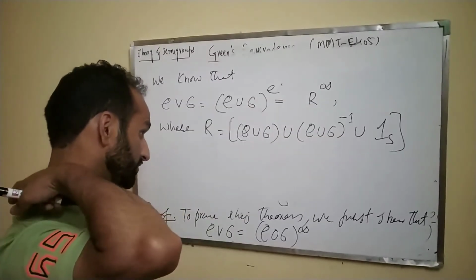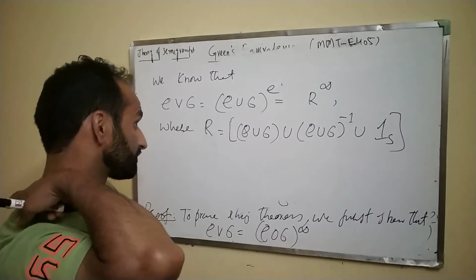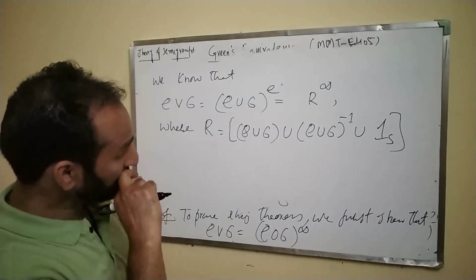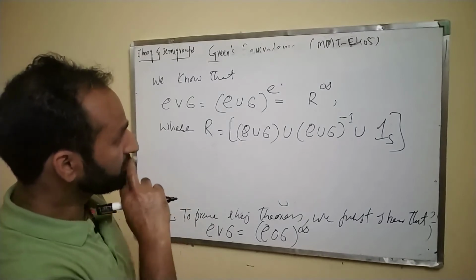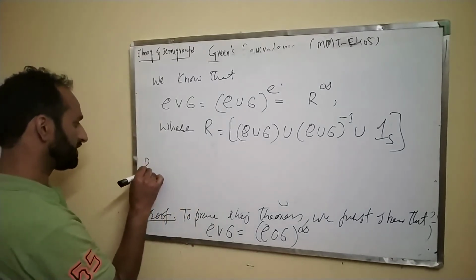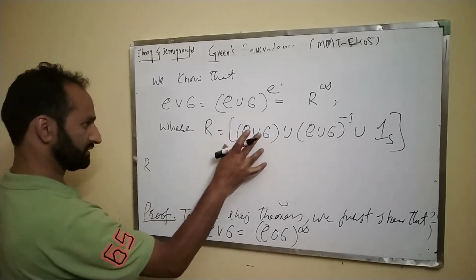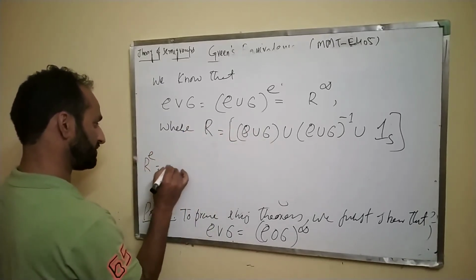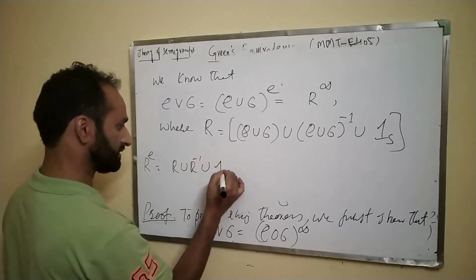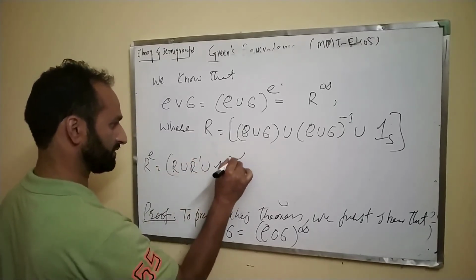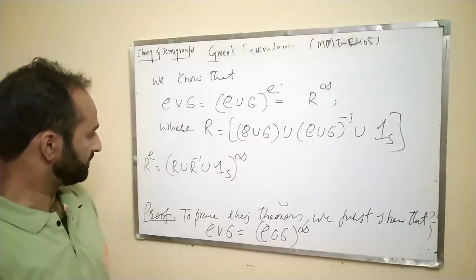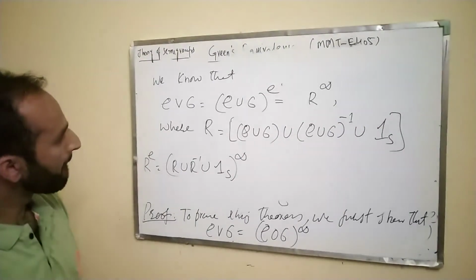So R is actually a symmetric relation as well. In that theorem we have seen that for any relation R, RE is equal to R union R inverse union identity on S, power infinity. This is done. You can see this theorem.